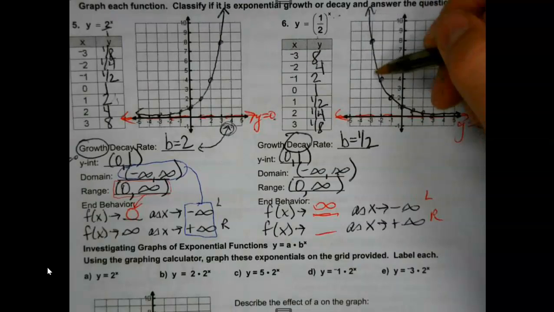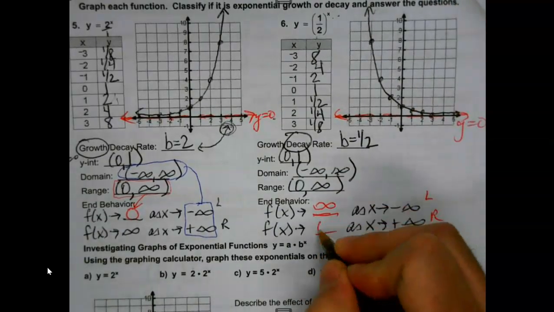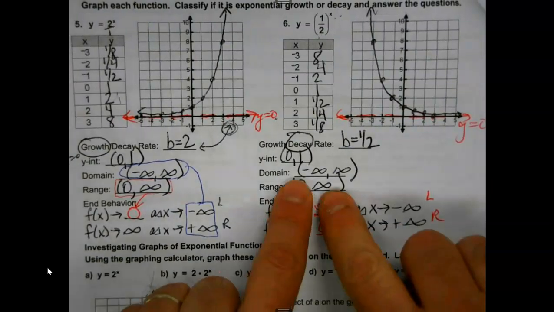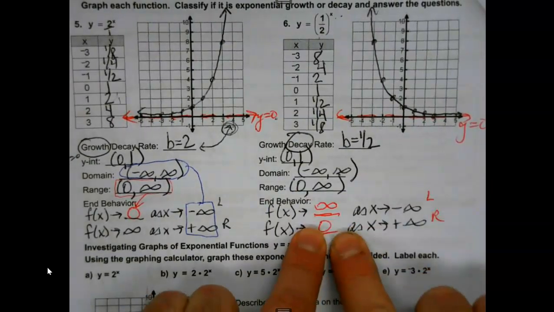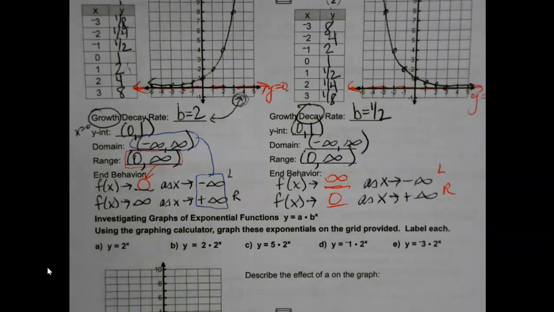And as I go to the right, I'm approaching 0. Still the same two values, just used in a different order. So those are the types of things we're going to have to be aware of, okay, and be cautious of. But if we got a pattern, we kind of have an idea of what's going on with these, and it won't be too bad.